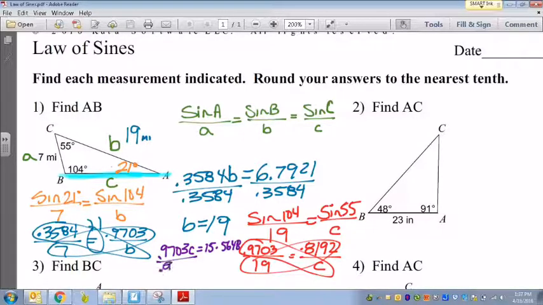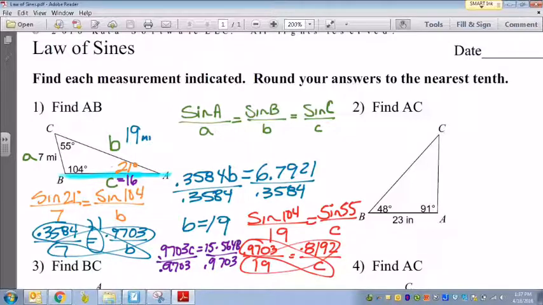To get c by itself, we divide by 0.9703. All right, and that's going to give me side c equaling 16.04, which keeps the 0 there, so I'll just write 16. All right, so side c equals 16.